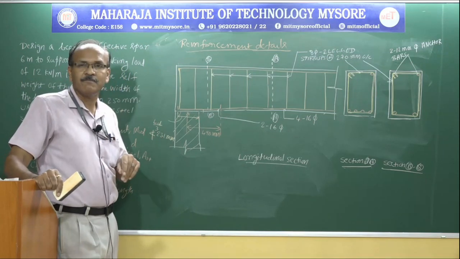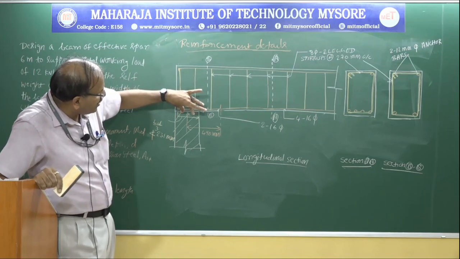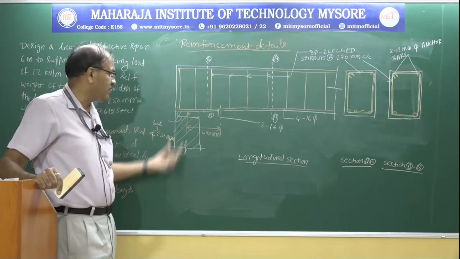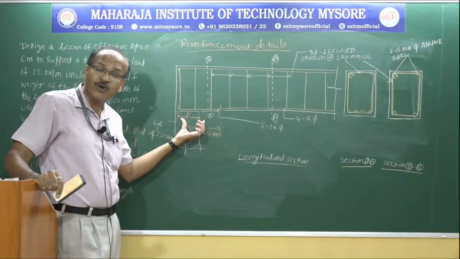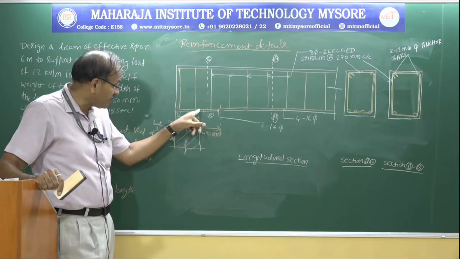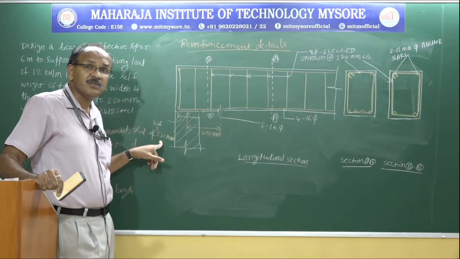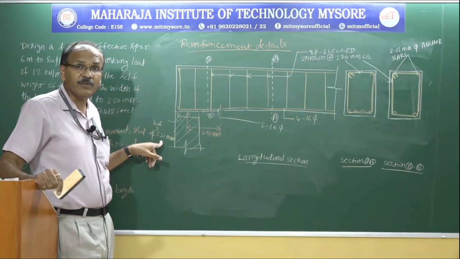So we are okay. What in case the width of the support is 200 millimeter? From the face of the support we have to extend the bar for a distance at least equal to 231 millimeter.